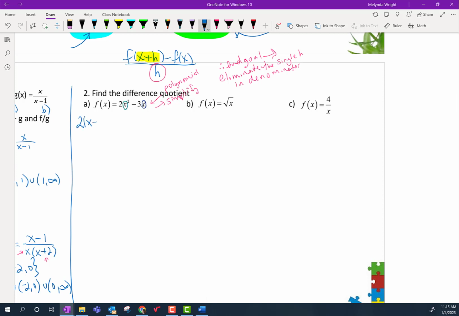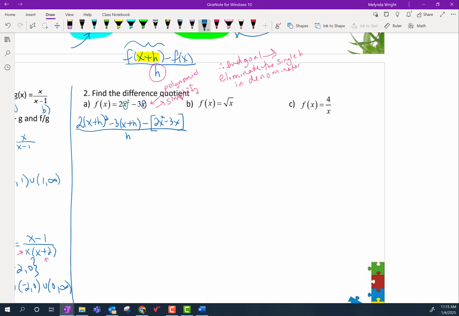So I have 2 times x plus h squared minus 3 times x plus h. I've just accomplished this f of x plus h business. I'm just using the formula right now. Minus, and we're going to put a bracket here. I'm going to subtract the function itself, and the function is simply 2x squared minus 3x. And that's all over h.